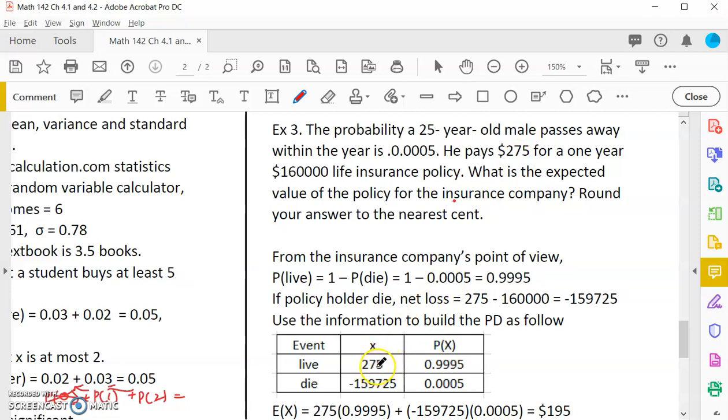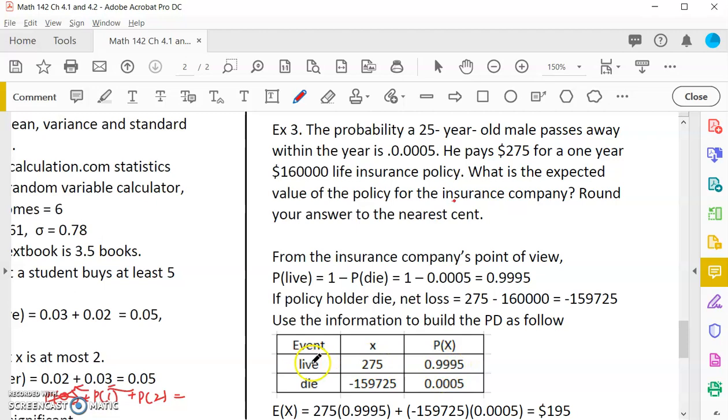So this is what they have. And what is the probability of living? The probability of living is 1 minus 0.0005. This is the probability of dying, and the probability of living is its complement. So you have the P of X like this.